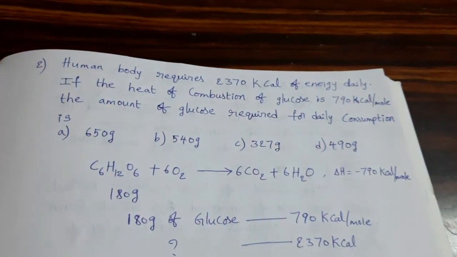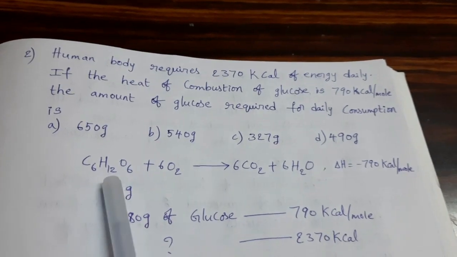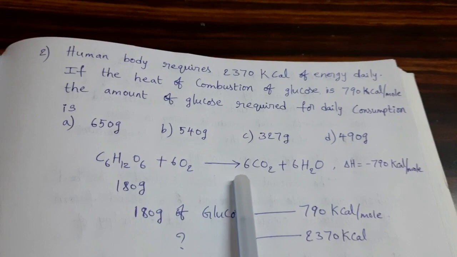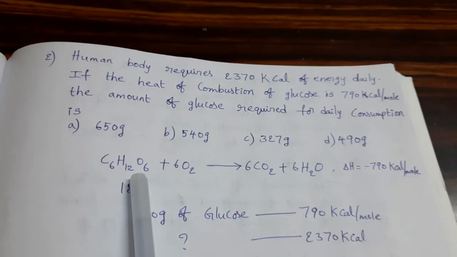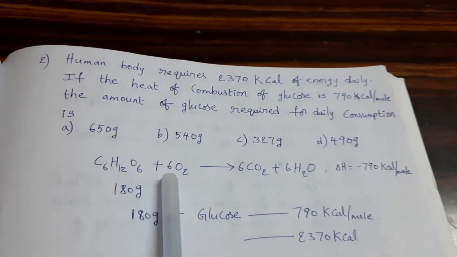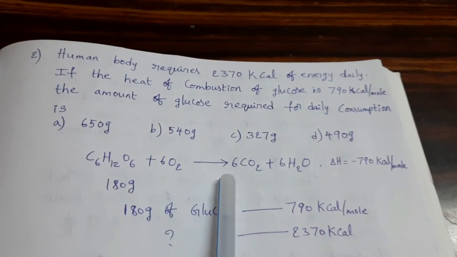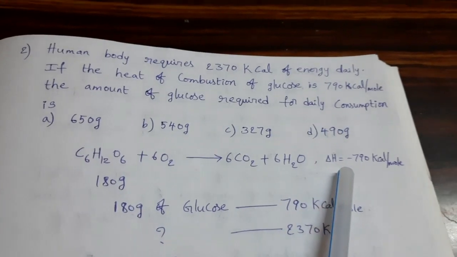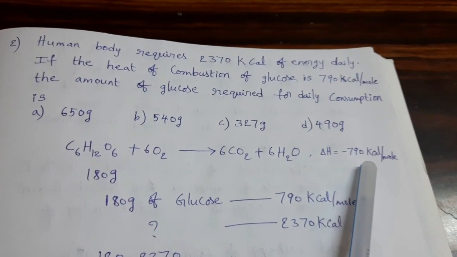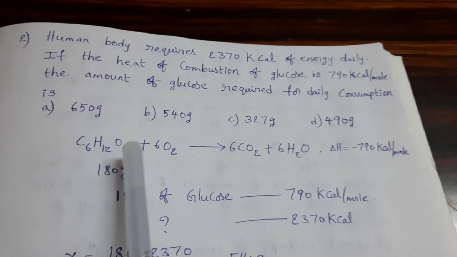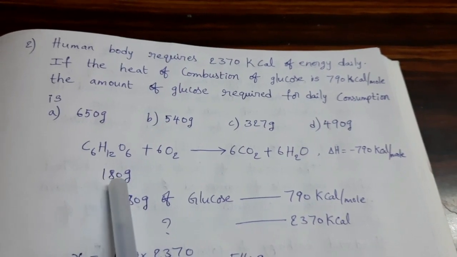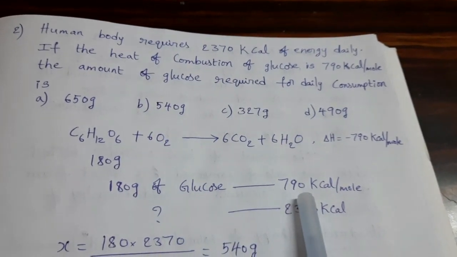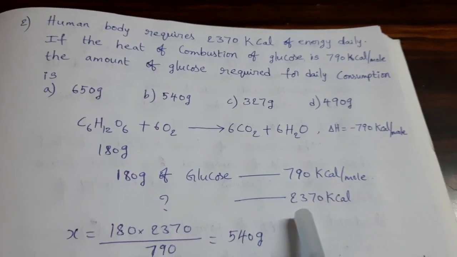Okay, glucose combustion reaction. See here, C6H12O6 plus 6O2 gives rise to 6CO2 plus 6H2O, delta H equal to minus 790 kilocalories per mole. Here, 1 mole of glucose, which means 180 grams of glucose, on combustion produces 790 kilocalories per mole.